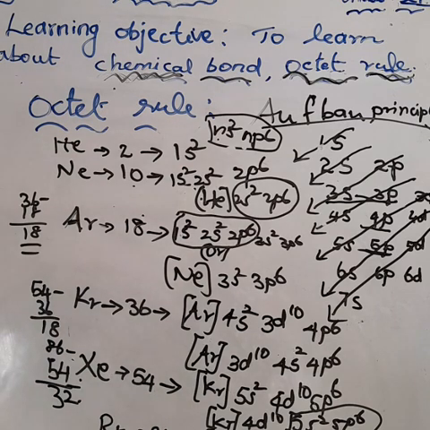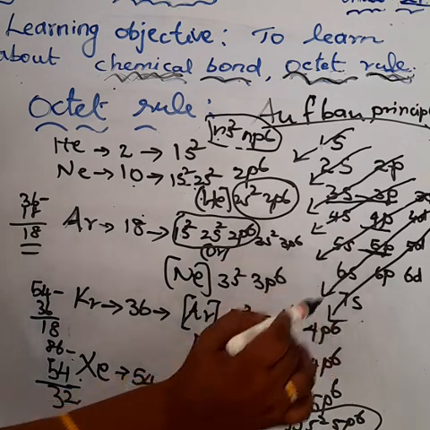Here we are taking xenon as the nearest noble gas for radon, and we need 32 electrons.